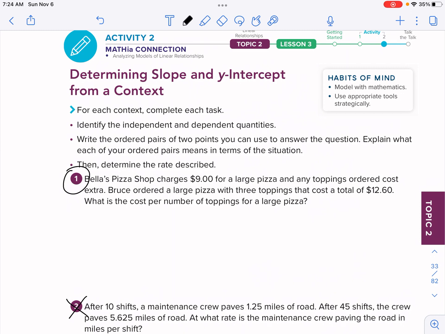In activity 2, it says determining slope and the y-intercept. And again, I want you to think of the y-intercept as where we begin, the slope as how much we're moving, meaning how much we're increasing and decreasing. So a couple of things that it's asking us. For each context, complete each task. We're going to identify the independent and dependent variables.